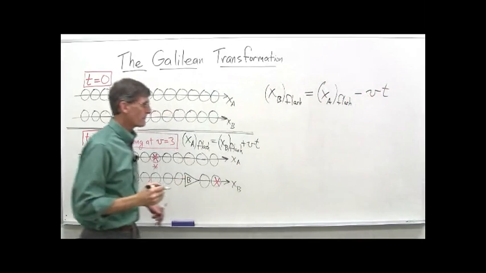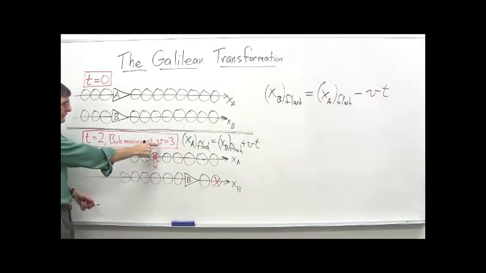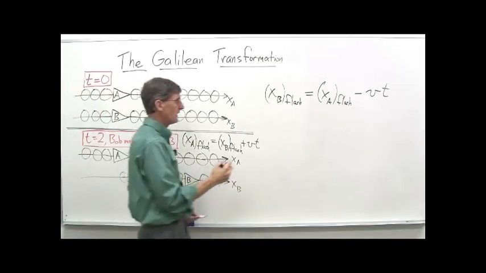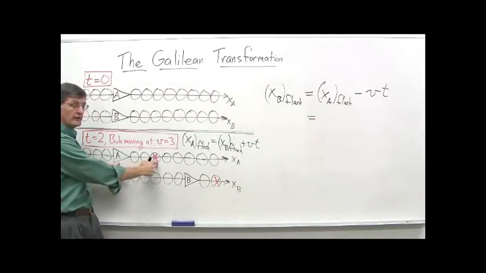vt? Well, again, this is at 2 seconds, we're imagining. Velocity of Bob is 3 here, but since it's in the other direction, it's really -3. That's why we have the minus sign there. And what does this work out to be? Well, according to what we said, it's position 3 for Alice.